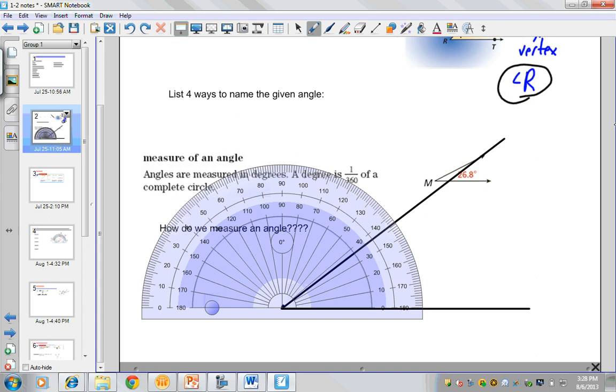Now, the way that you would measure this, and let's see if I have a tool that does this, is that if you notice the angle, the bottom angle line is coming right there, and the other angle line is coming right here. And what we want to do is we want to focus on where this angle is on this circular ruler here.